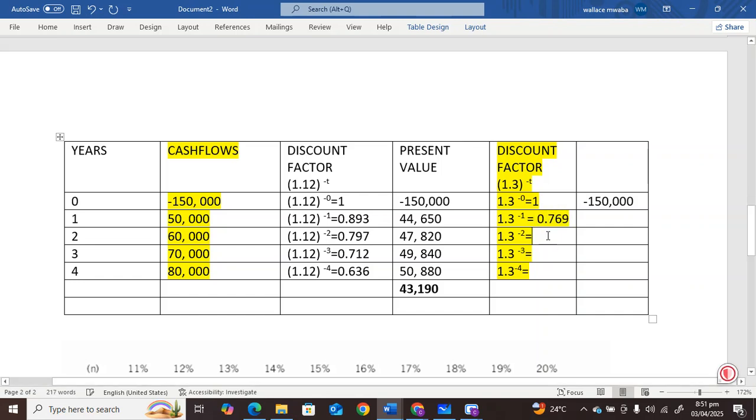Okay, 1.3 to the power negative 2. 1.3 to the power negative 3.